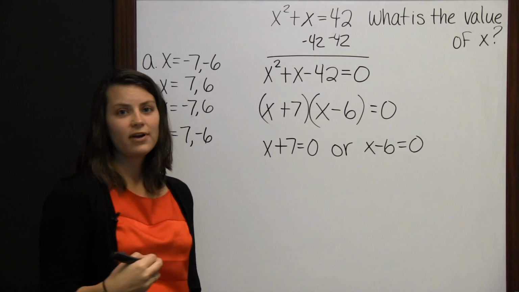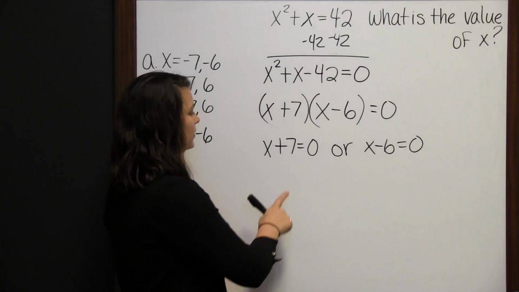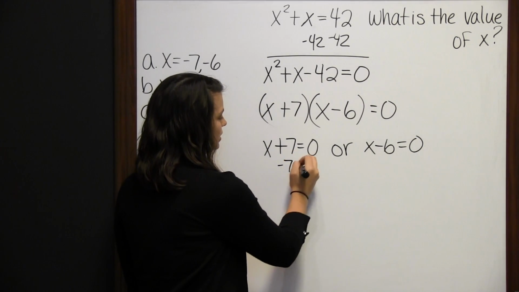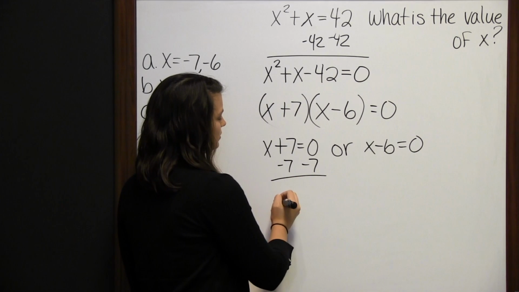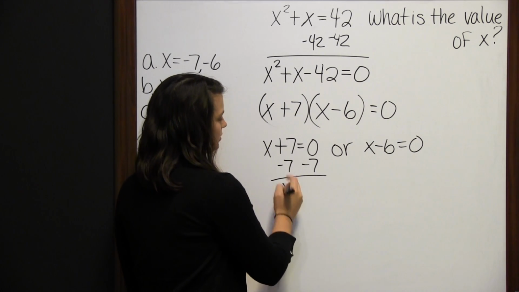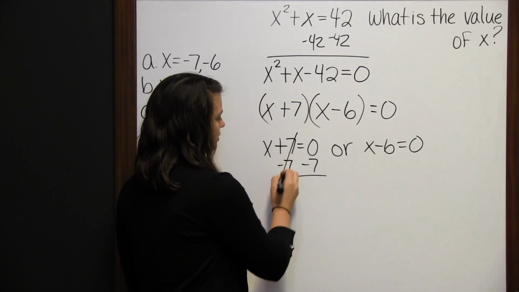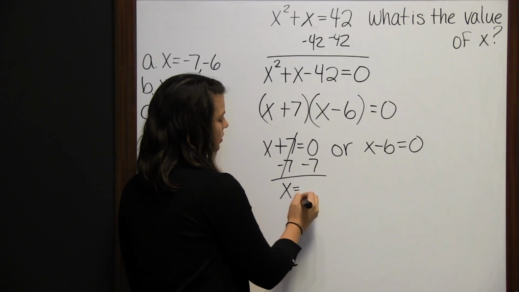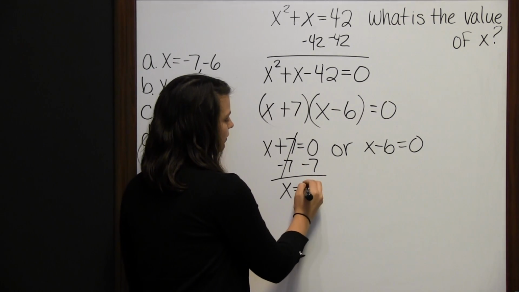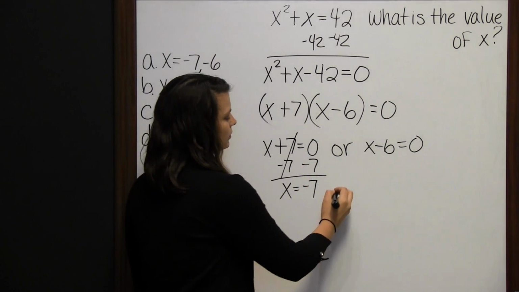And then we just solve for x in each equation. So to solve for x on this one, we need to subtract 7 from both sides, bring down the x, plus 7 minus 7 is 0, bring down your equals, 0 minus 7 is negative 7.